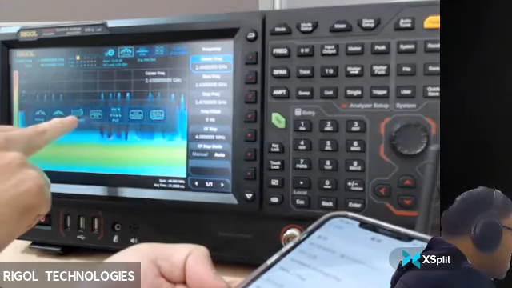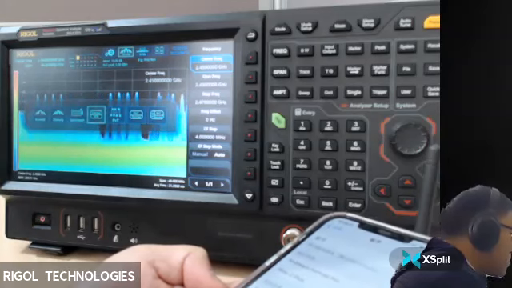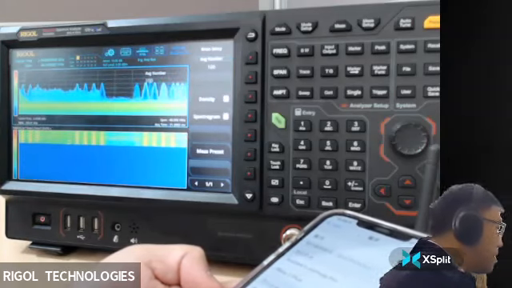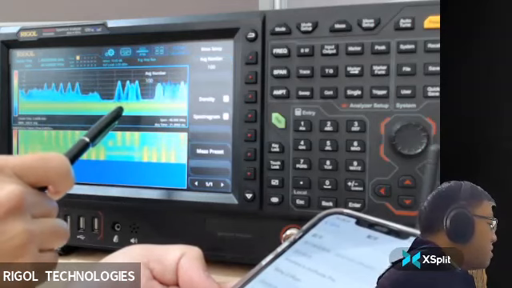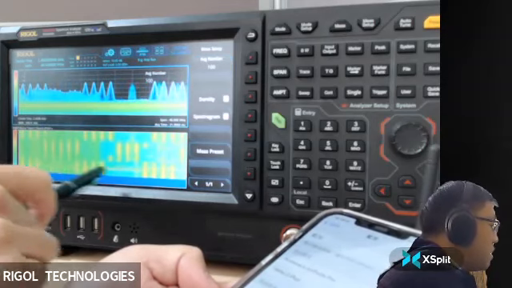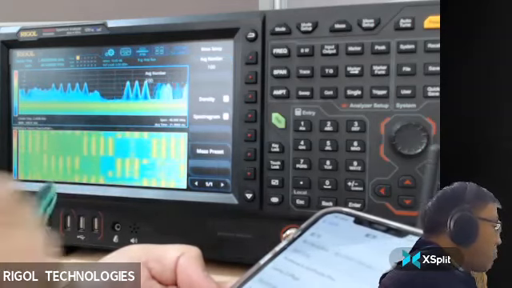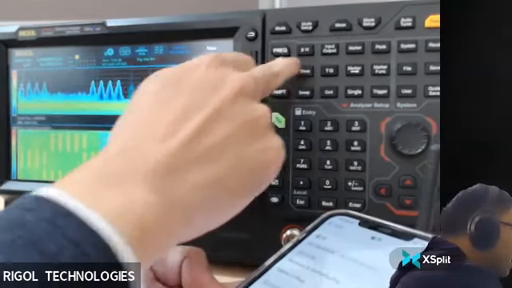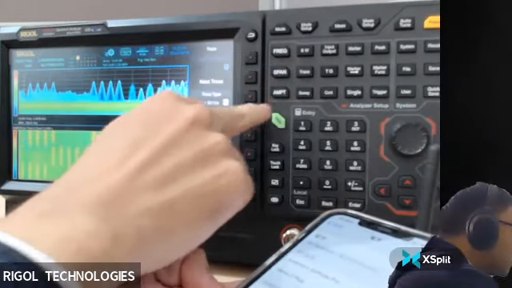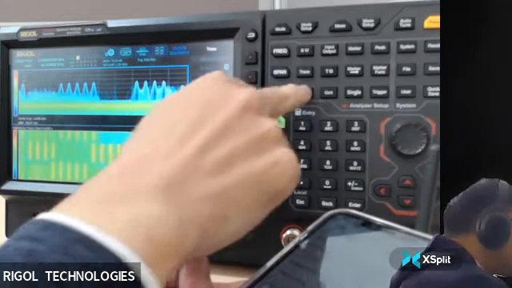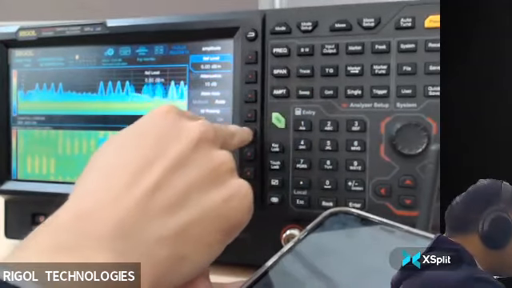This is the density and the spectrogram. You can see this is the hopping signal, and this is the waterfall diagram. Let me use the trace to adjust the trace and amplitude.